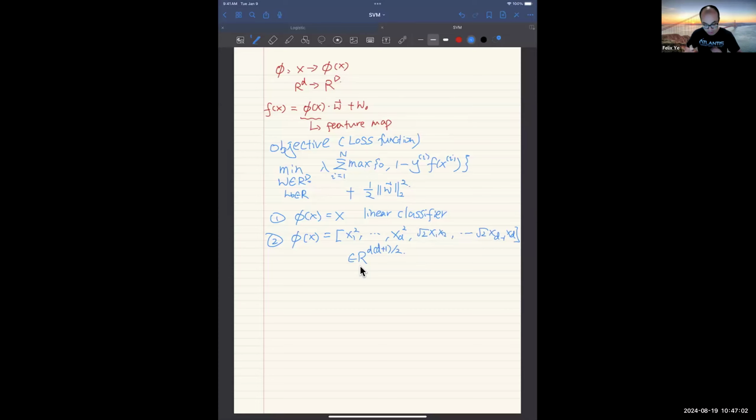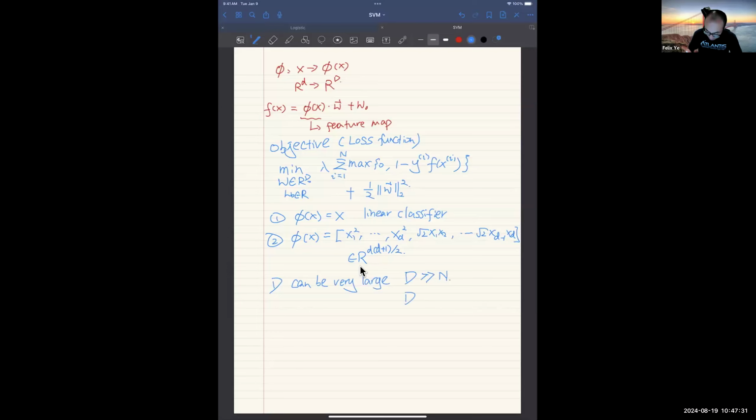And this phi could be a lot more complicated. In that case, as we talked about in kernelized regression, this big D could be really large. In many cases, this D could be significantly bigger than n, the number of data points that we have.